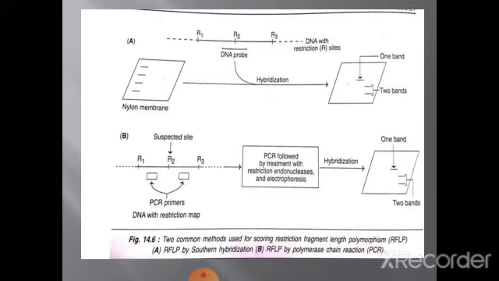Then you will run the PCR. Then you will treat it with restriction endonuclease, then subject it to agarose gel electrophoresis. Then you will go for hybridization, and if there is one band, it tells you that the suspected site is not there. If you see two bands on the autoradiogram, it tells you that the suspected site is present, okay.